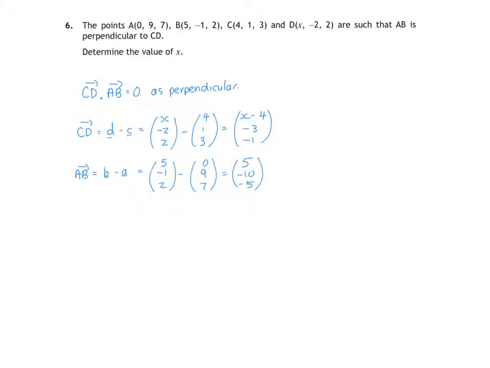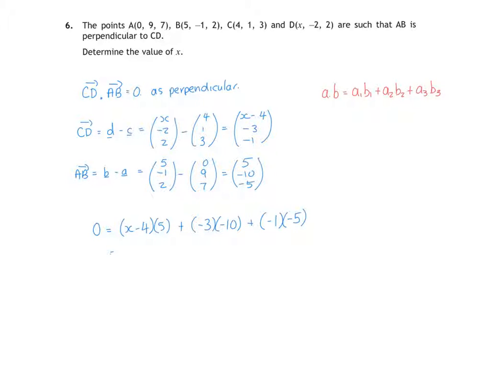So we're going to use the formula from the front of our papers, which tells us that the scalar product of A and B is equal to a1 b1 plus a2 b2 plus a3 b3. But we also know that the scalar product is 0 because they are perpendicular. So we're going to have 0 is equal to (x minus 4) times 5, plus minus 3 times minus 10, plus minus 1 times minus 5.